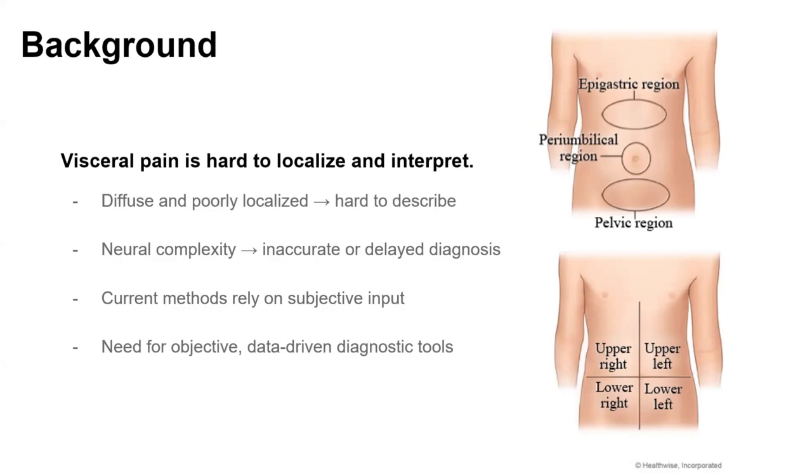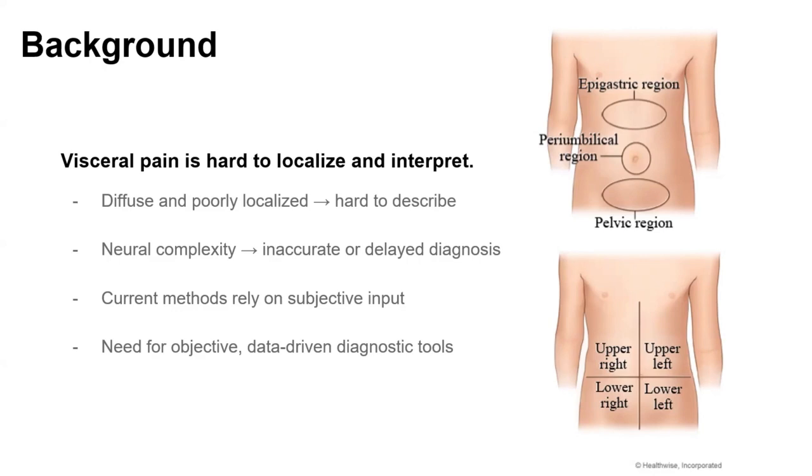As a result, patients often struggle to describe the precise location or nature of their pain, which leads to delayed or inaccurate diagnosis. Current diagnostic methods still rely heavily on subjective patient descriptions and generalized physical examinations, which are not sufficient to distinguish between different visceral conditions.